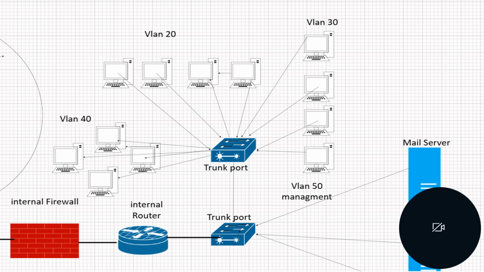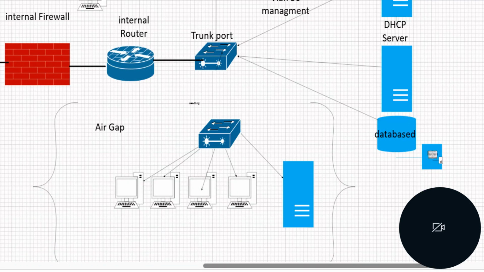And in the next slide we can see the air gap. The air gap is not connected with any port or anything. It is purposely isolated from the network, and it also has a switch, a server, and 4 PCs.